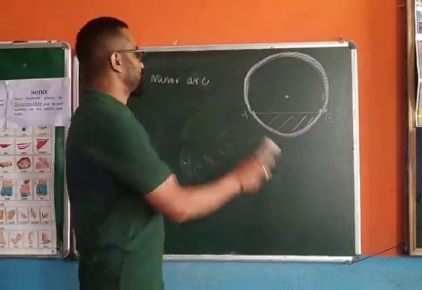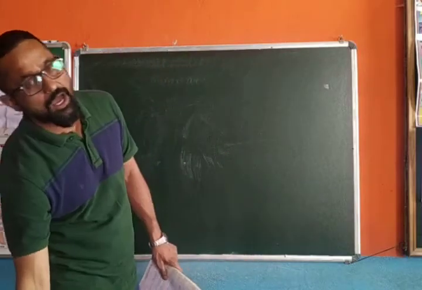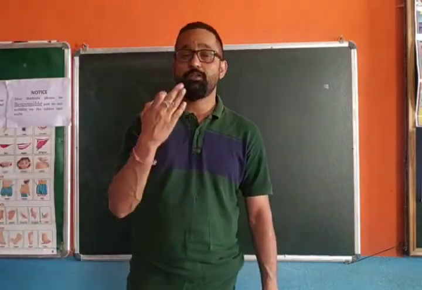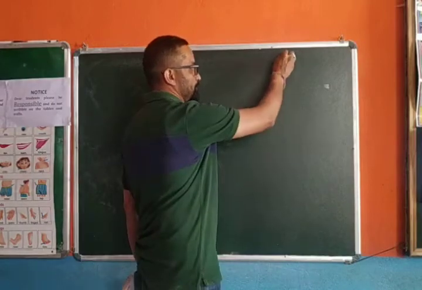Semicircle. Semi means half, and half of the circle is called semicircle. When PQ is diameter, then both arcs are equal to each other, is called semicircle.